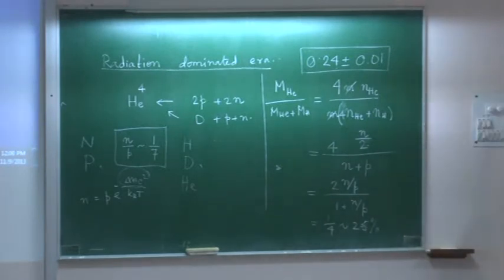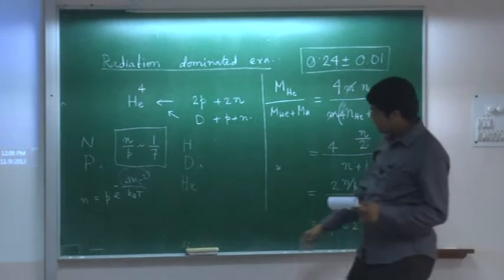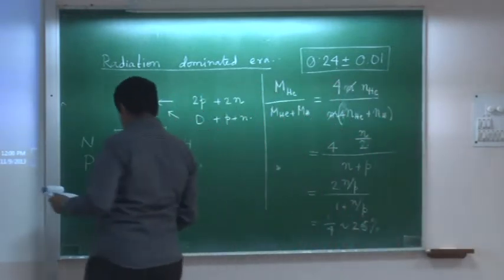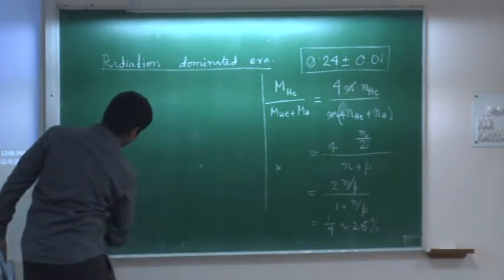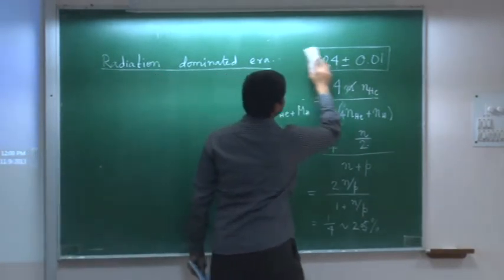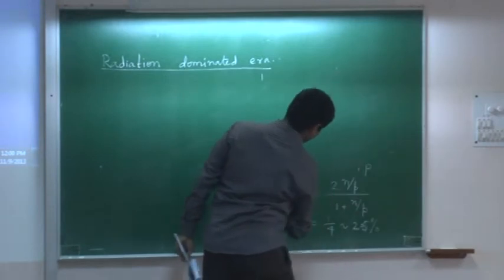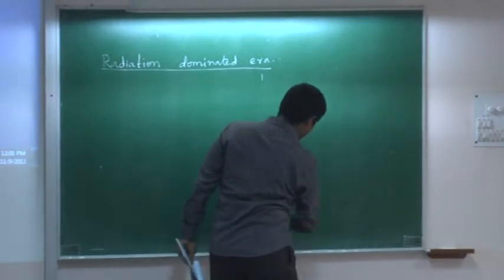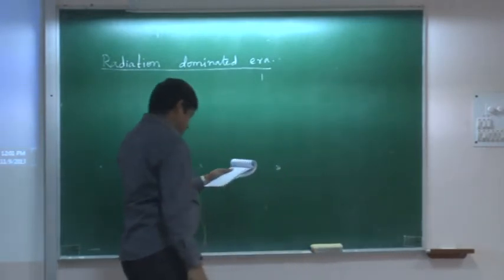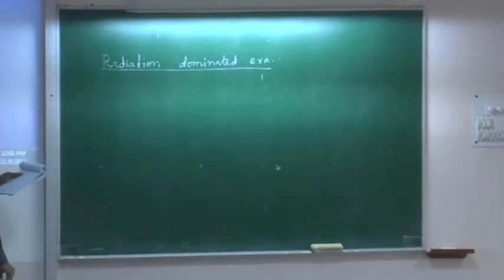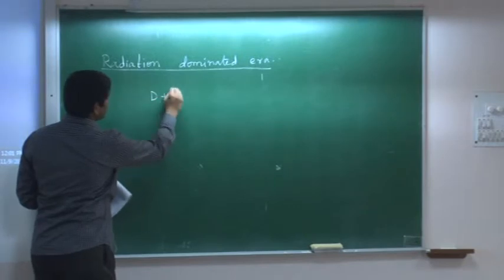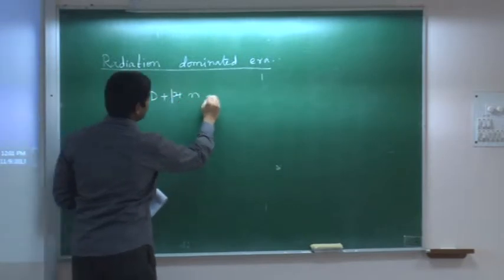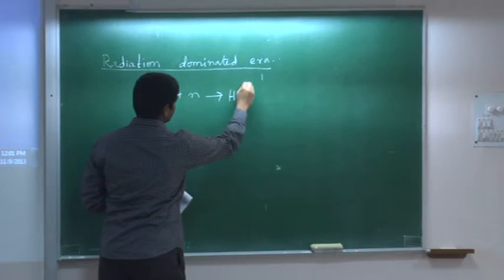Okay. So what about deuteron? One more interesting thing comes, which is the last thing I will discuss in the nucleosynthesis. When this helium forms, I said that deuterons, protons plus neutrons, create this helium 4.